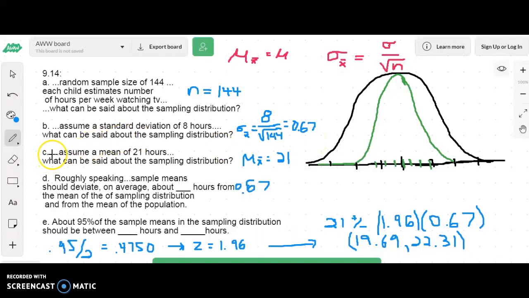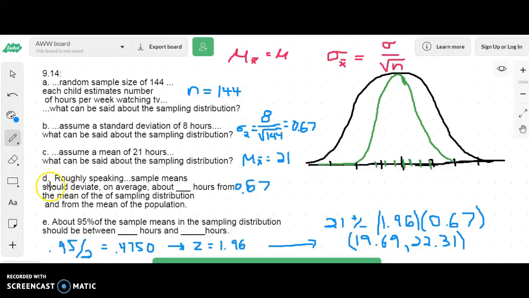The next question says, assume that the mean is 21. This is again of the whole population. If the mean of the whole population is 21, then the central limit theorem tells us that the mean of all the possible samples that we can select out of that is also going to be 21. So this new sampling distribution is centered about the same mean, 21, as the original population.